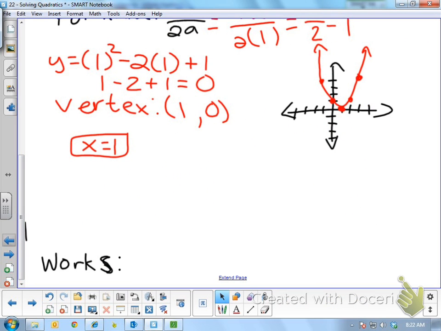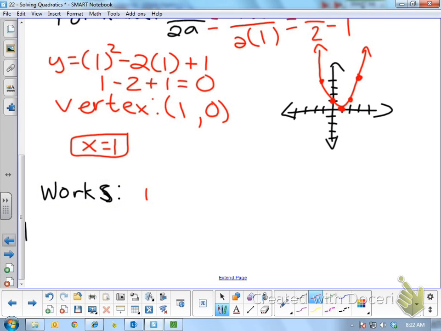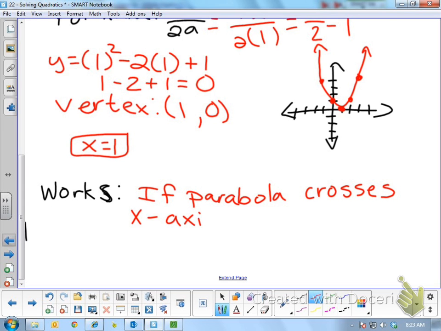Okay, so this method works if we cross, or I should say if the parabola crosses the x-axis at an integer.